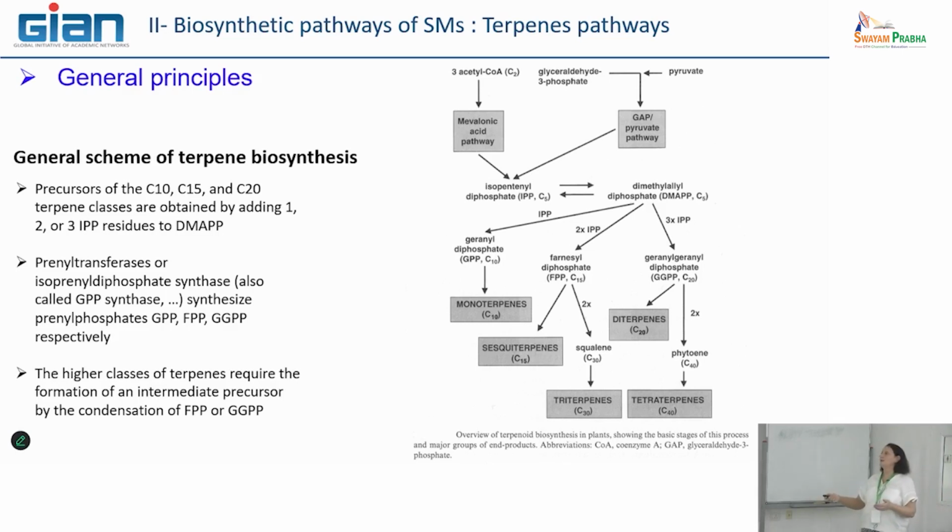You may have more geranyl diphosphate, more farnesyl diphosphate, more geranylgeranyl diphosphate. And when we do some engineering process, it's very important to have an idea of the flux of these three possibilities of biosynthesis in order to have enough precursor.